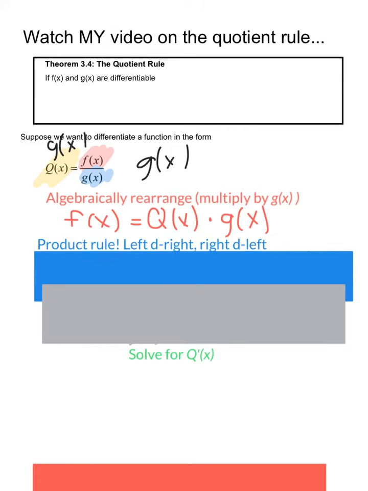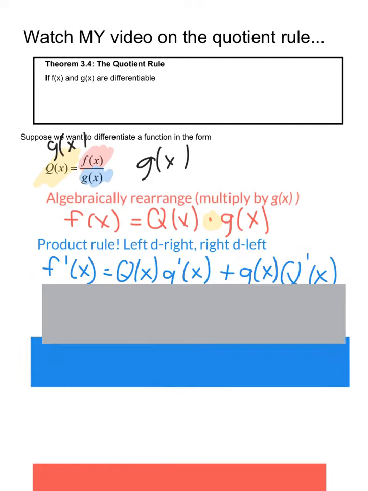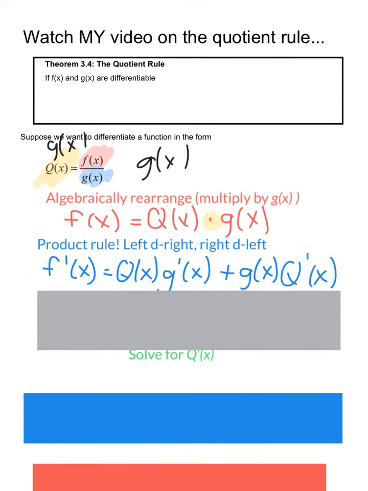Now, what we can see here is we've defined a function f of x using a product. It's q of x times g of x, so we are going to apply the product rule that you learned in your last video. Right, so left d right, right d left.